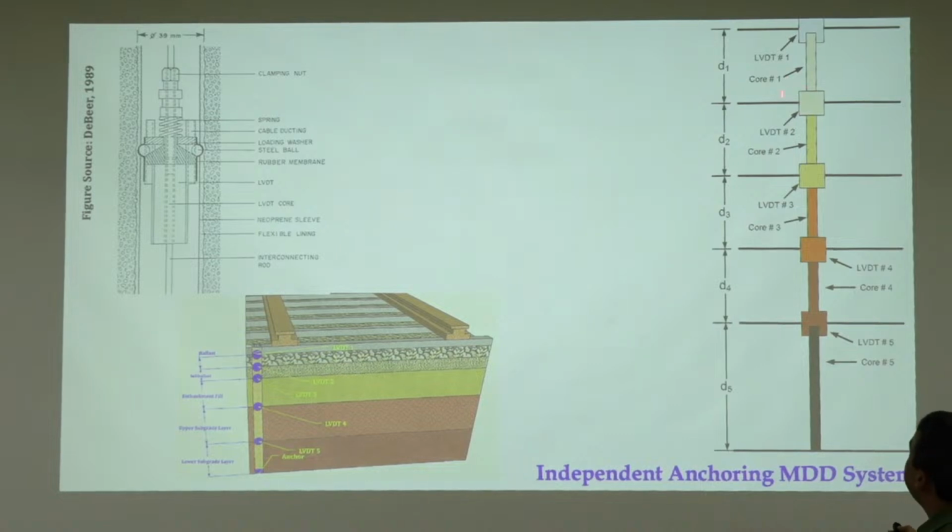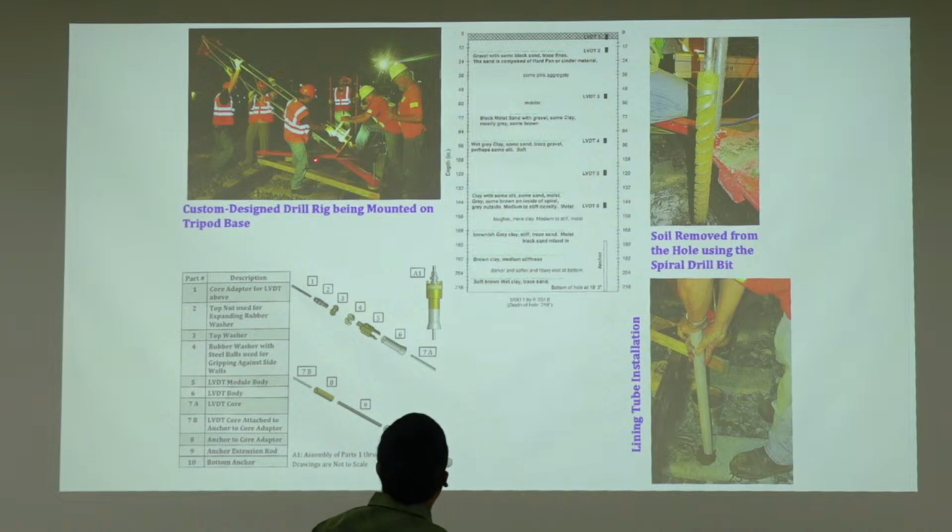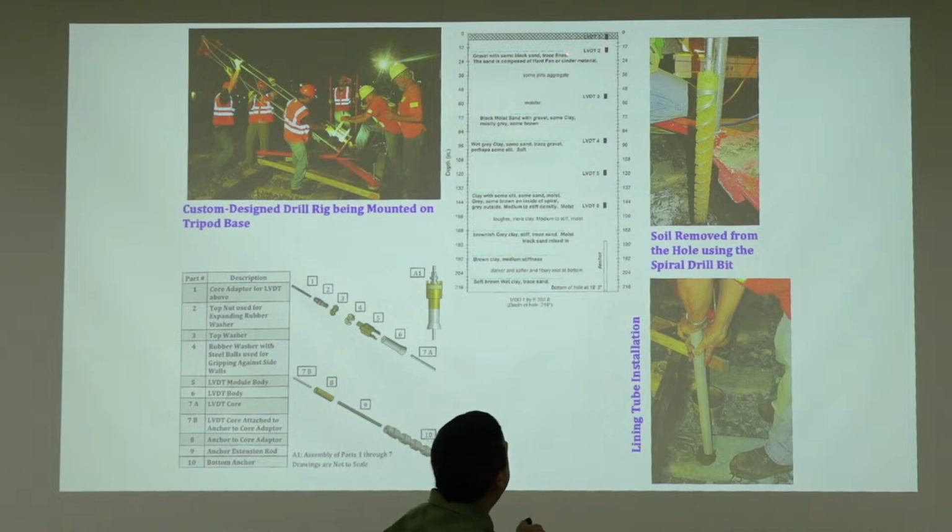Okay, and then just like I explained yesterday, every LVDT gives you the deflection of that particular layer. So LVDT 1 is the ballast, 2 is the underlying sub ballast, or foul ballast, then 3, 4, 5. When we drilled in the field, this is where we established the bore log.